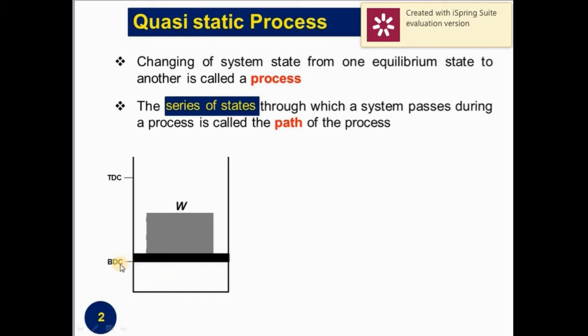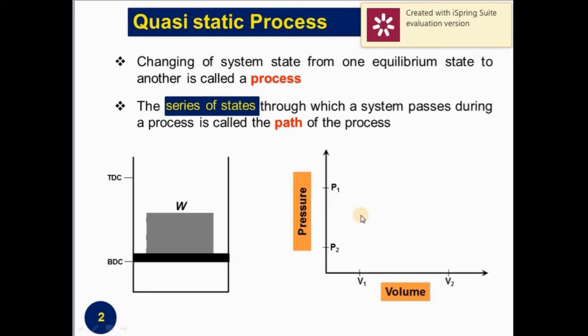The piston is at BDC and the gas is in compressed form due to this weight W on the piston. It means the gas has high pressure and low volume. We can also represent the state of the gas on the PV diagram. So on the PV diagram, the state of the gas will lie here. So it has high pressure and low volume.